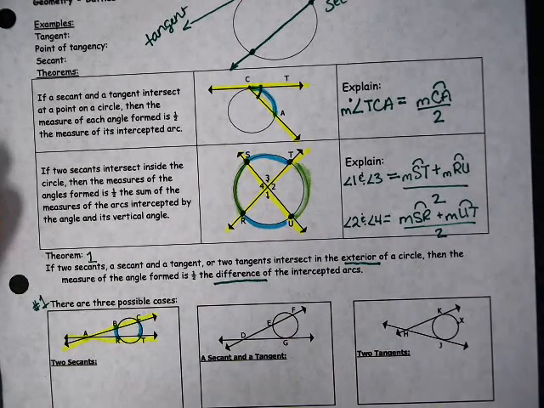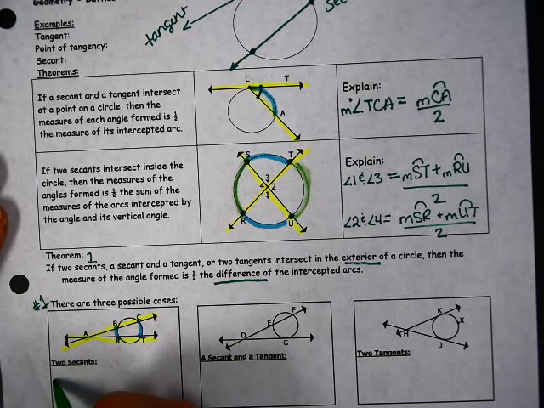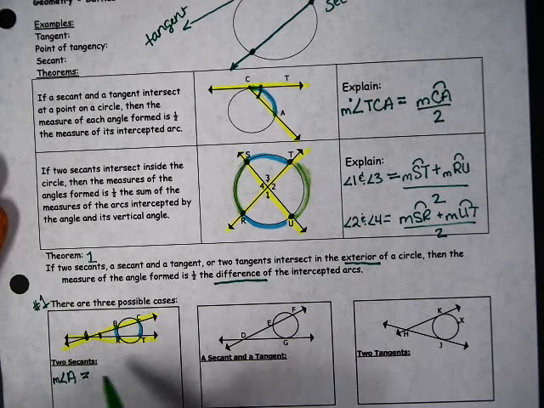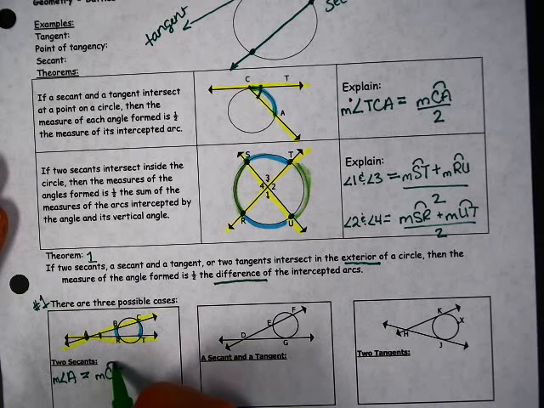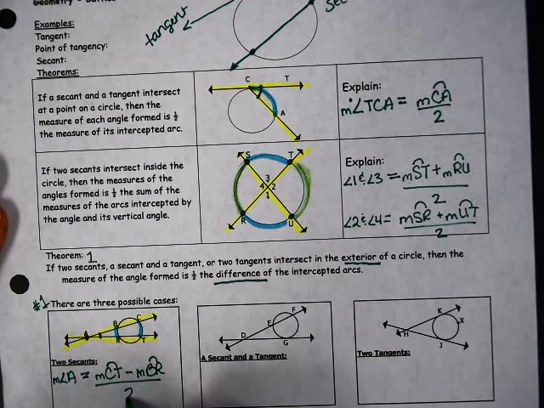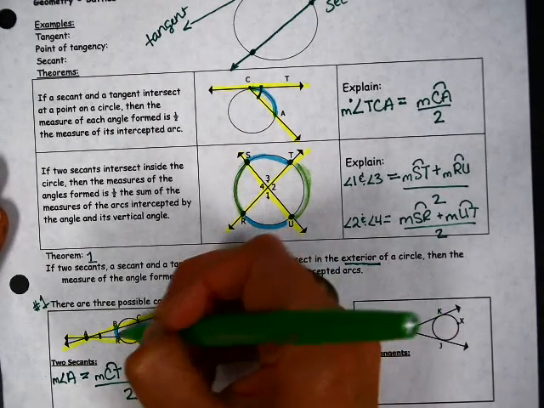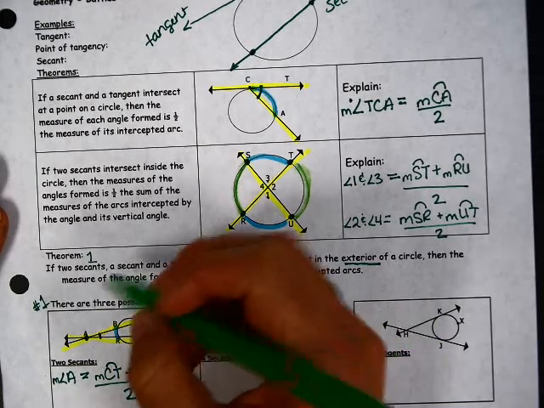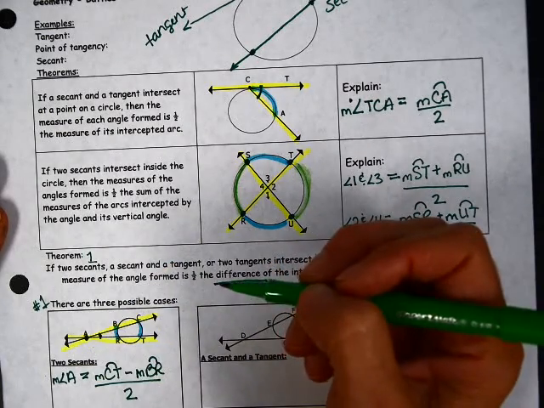All right, so we would show that the measure of angle A, this angle right here, is equal to the difference of whatever arc CT equals minus the measure of arc BR, and then we divide that in half. So if we knew the degree of these 2 arcs, we would subtract them, divide by 2, and we get the degree of angle A.